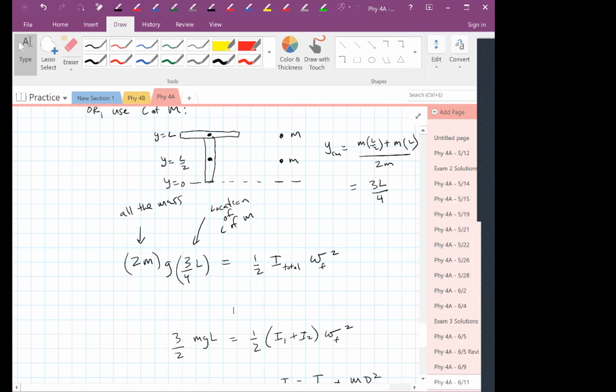The only two cases you can treat it like a point mass are gravitational potential energy and gravitational torque, torque caused by gravity. Good? Why?